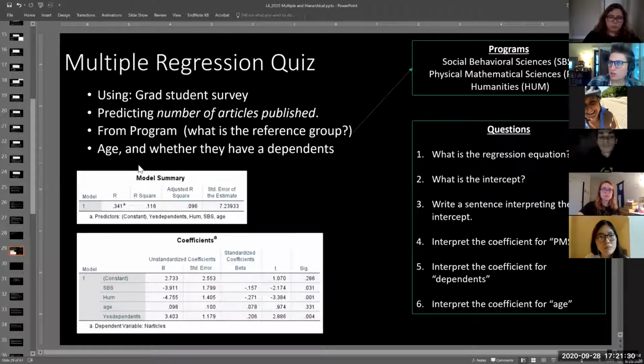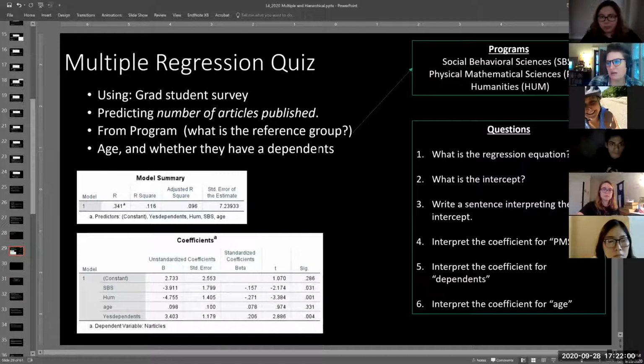So for multiple regression, I have gone back to the graduate student survey. If you remember, that graduate student survey is actual data about graduate students and the programs they're in. This is the same quiz that you did for this week. And the age that they are, as I think Abel maybe said a few minutes ago, that age might be a predictor of something.